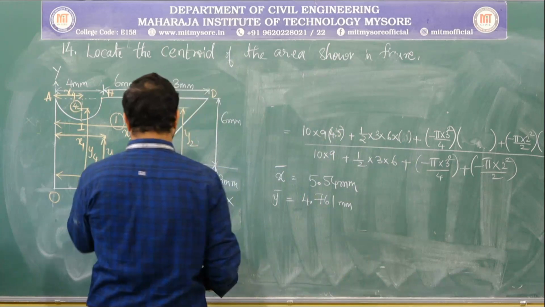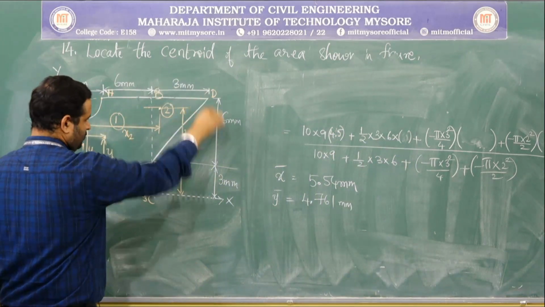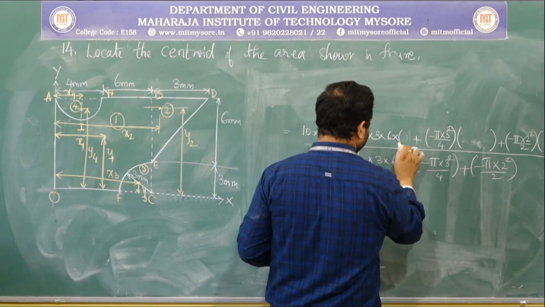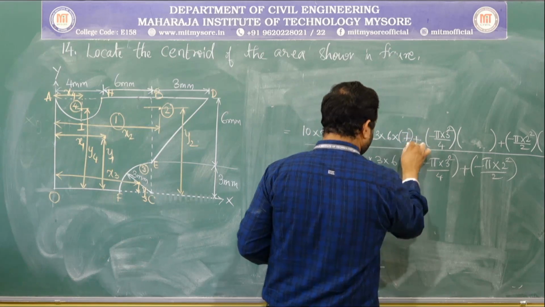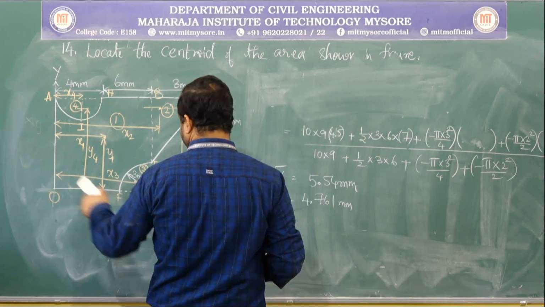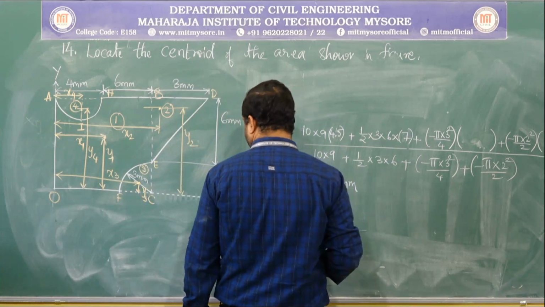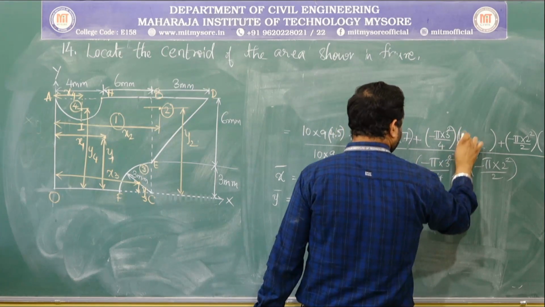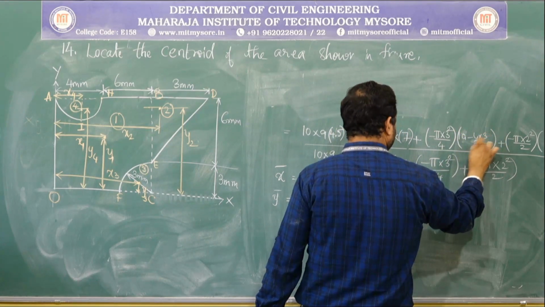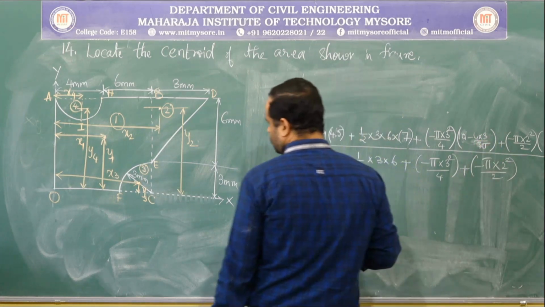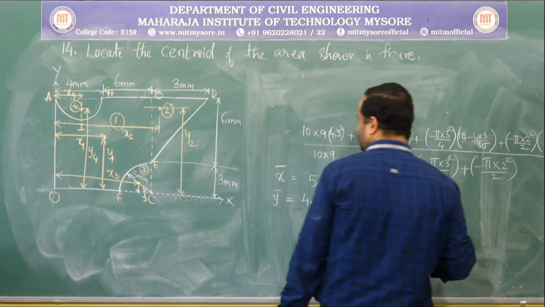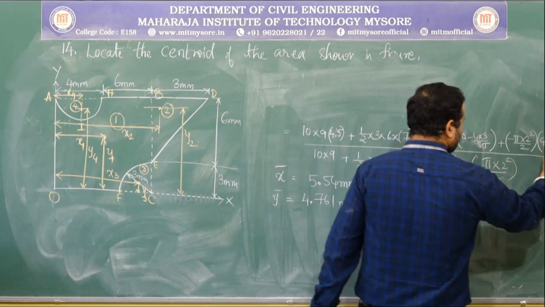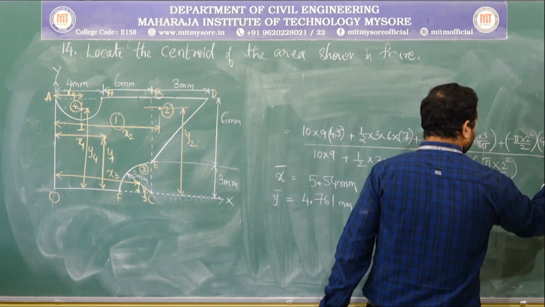What is y2? y2 is 9 minus 6 by 3, which is 7. And y3 is 9 minus 4r by 3 pi, sorry, it is 10 minus 4 into 3 by 3 pi. And at last y4 is 9 minus 4r by 3 pi, 9 minus 4 into 2 by 3 pi.